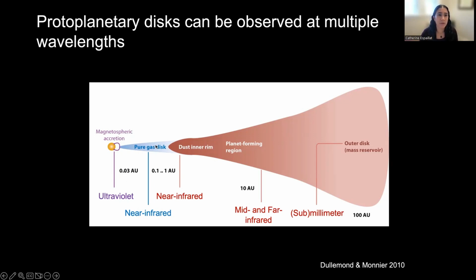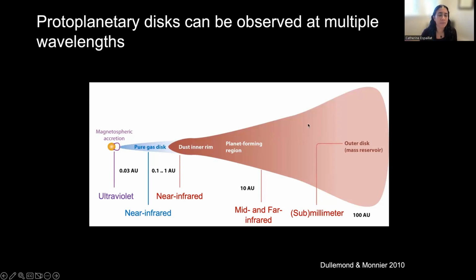And then as we get further away, the gas closest to the star emits in the near infrared. The inner edge of the dust disk, the dust inner rim, also emits in the near infrared. And then as we get further out in the disk, we start to see emission in the mid infrared, particularly from the disk atmosphere within tens of AU from the star.